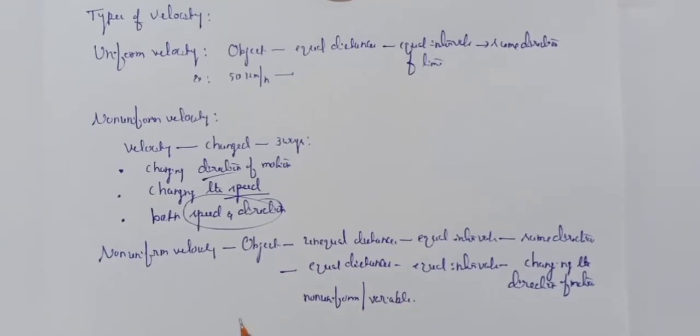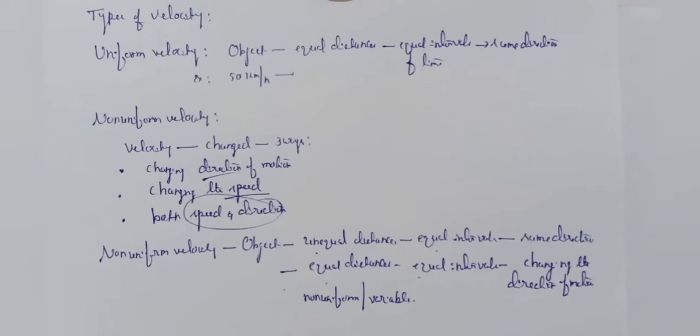So if an object covers unequal distances in equal intervals of time in the same direction, or if an object covers equal distances in equal intervals of time by changing the direction of motion, then the velocity of the object is said to be non-uniform or variable.